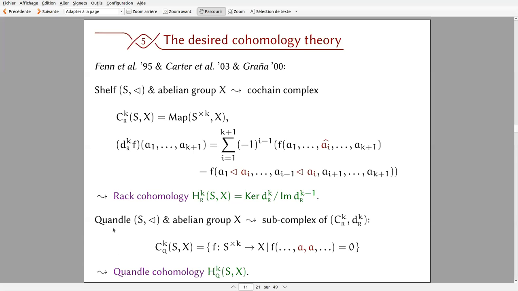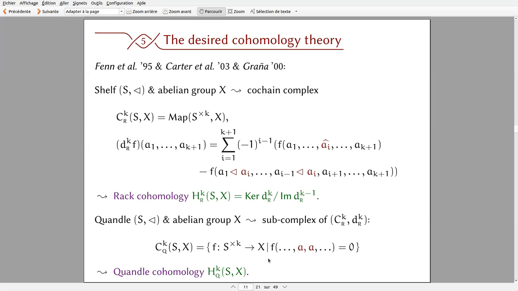If your shelf is something better, for example, a quandle, then you can restrict yourself to a subcomplex of the complex above by saying that you work only with the maps which are 0 as long as some neighboring elements coincide.